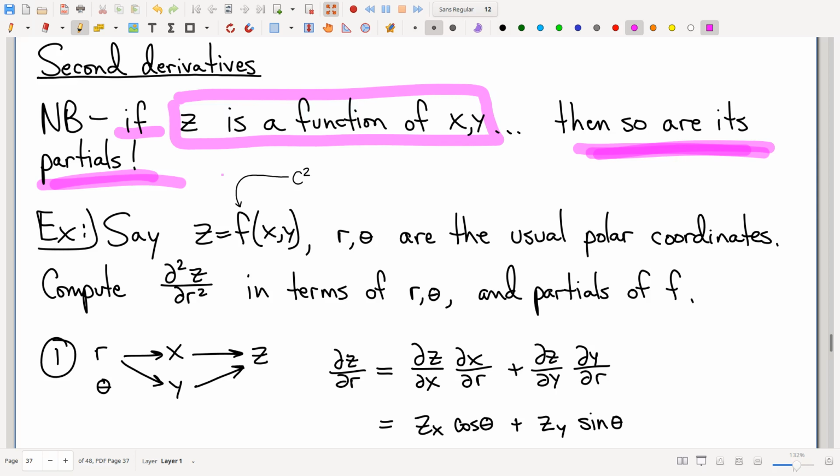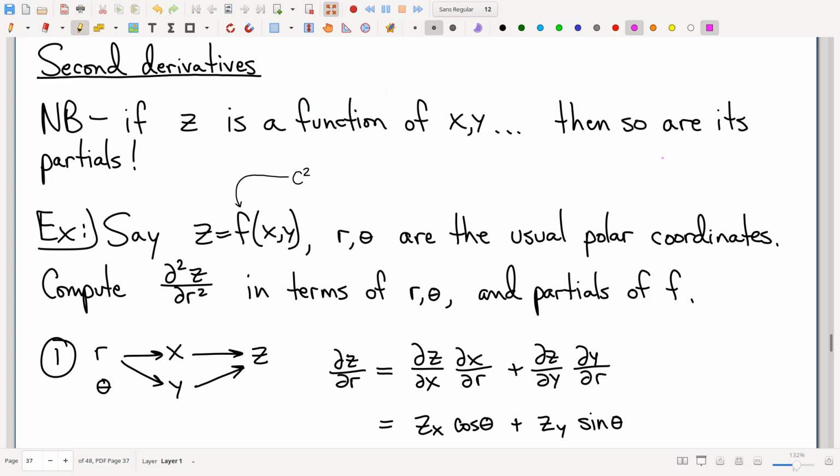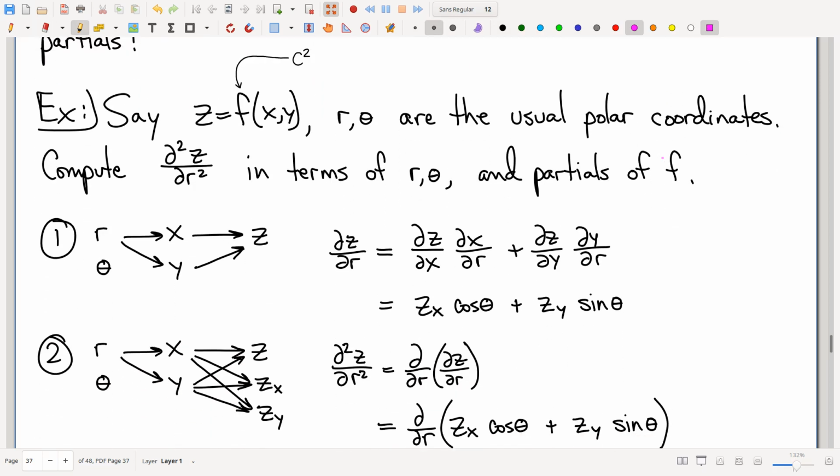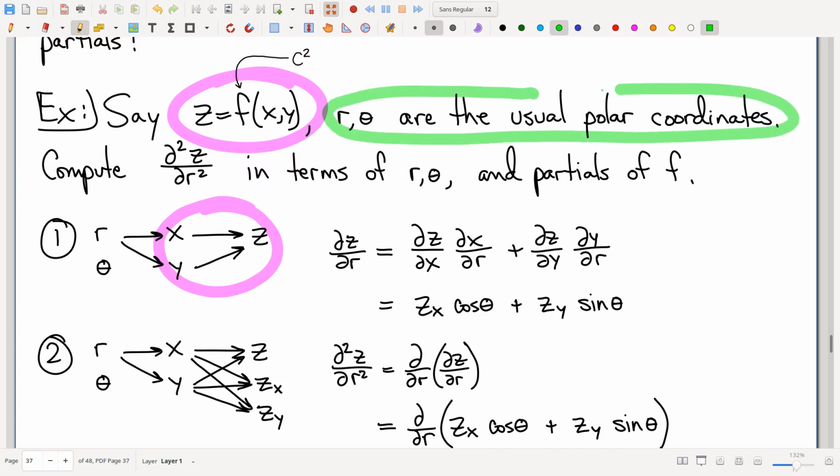Okay, diving in to our example. Again, classic first example. Suppose I have a nice, friendly C2, nice, convenient function of x and y. z is a function of x and y. I indicate thusly in my diagram that I'm forming. Now, it says here r and theta are the usual polar coordinates.